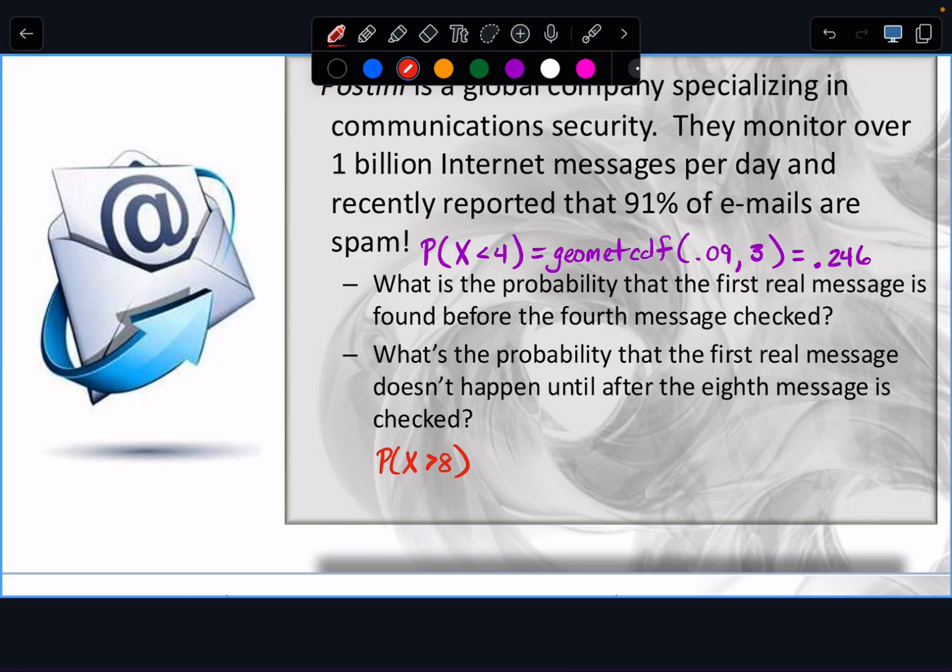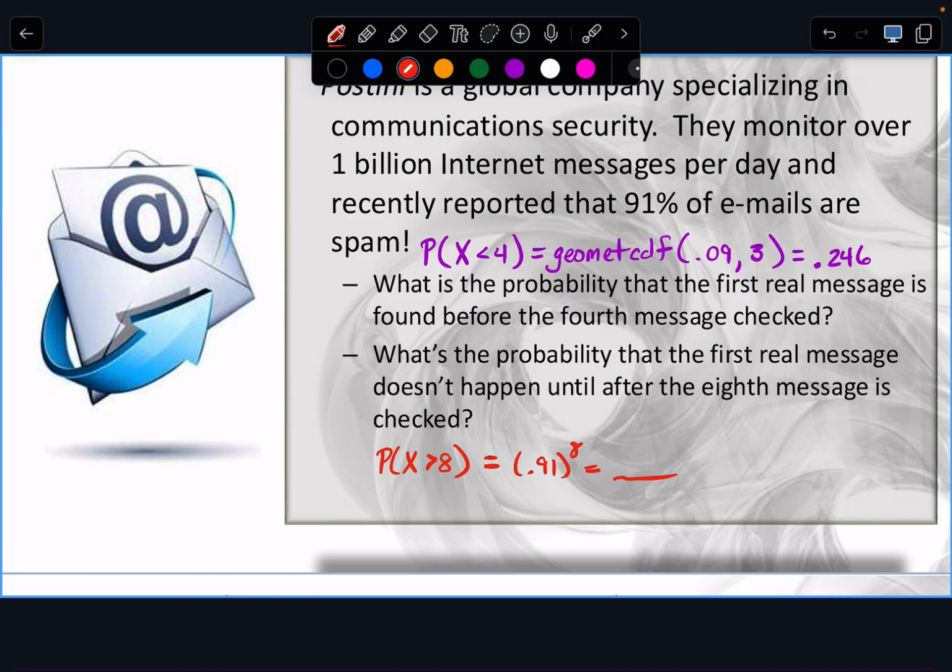So as far as a calculation goes, I don't need to use a complement rule. I can do 1 minus GeoMet CDF if you want to, but in this case, all I need to do is calculate the probability that I fail 8 times. After I fail that 8th time, I don't care what happens after. So we put that 0.91 raised to the 8th, and then whatever that comes out to be.